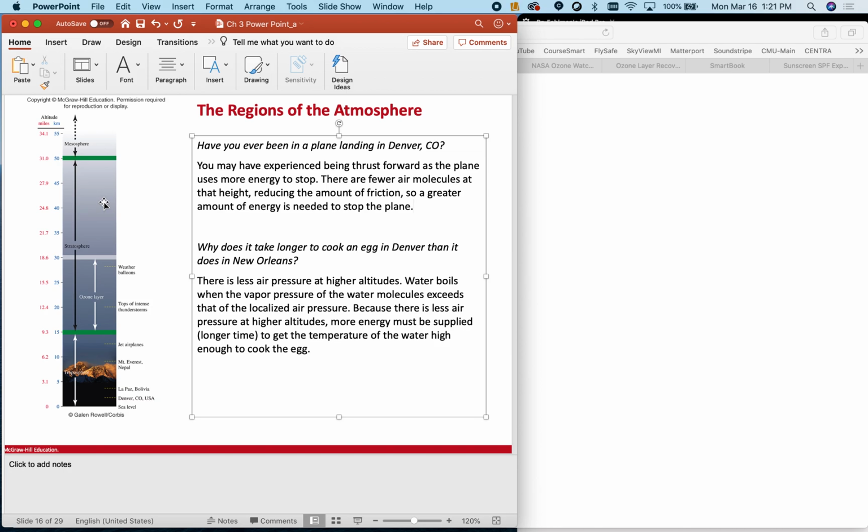So they have to do some things with the wings, those little flaps that come down, and spend a greater amount of energy to stop the plane. Because you're landing at a higher altitude in Denver, versus something closer to sea level like New Orleans, it'll also take longer to cook food, and this has to do with when you boil something.